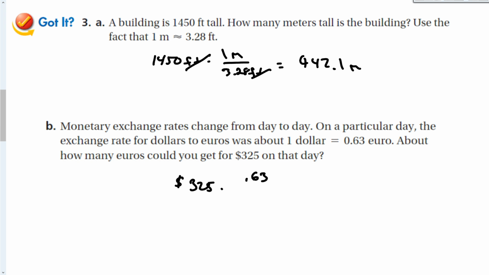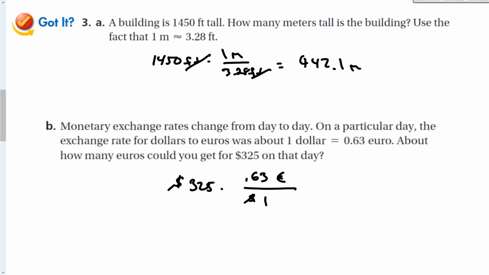The symbol for euros is, it's kind of hard to make. It's something like that. I can't make it as fine as I want to, but it's fine. Over $1.